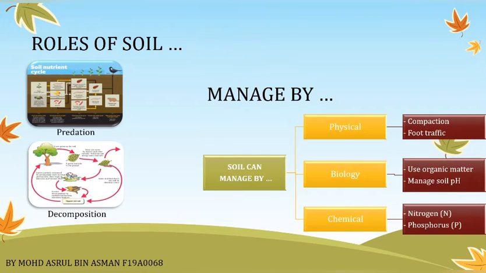Okay, next, biological management includes use of organic matter and managing soil pH. Soil organic matter plays an important role in integrating many aspects of soil health. To maintain or increase soil organic matter levels, inputs of organic matter must meet or exceed the loss of organic matter due to decomposition.